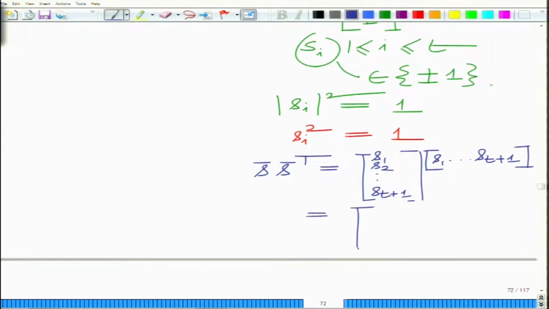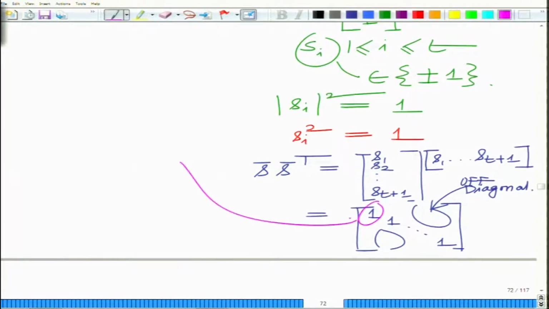If you look at the diagonal elements of this, this is not a diagonal matrix, there are also off-diagonal elements, but if you look at the diagonal entries, all the diagonal entries are equal to 1, because each Si square is 1.